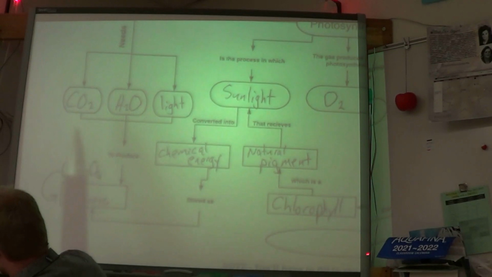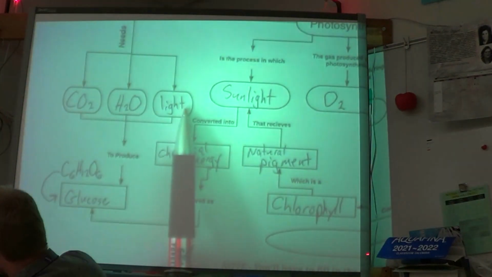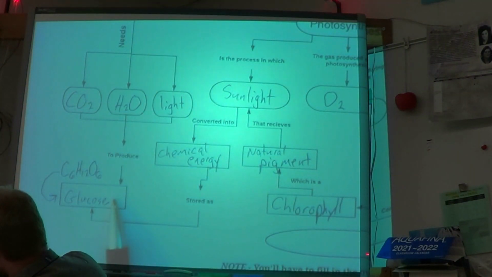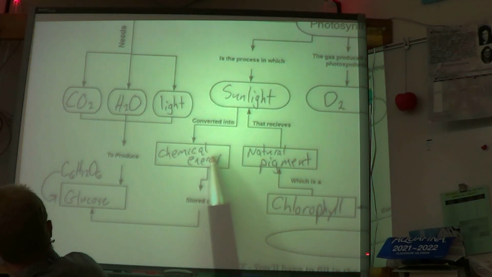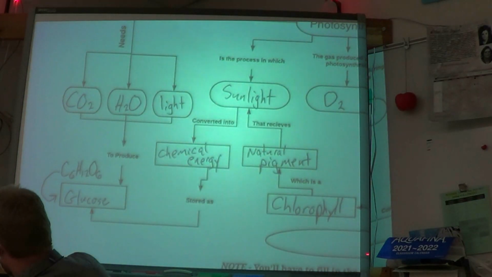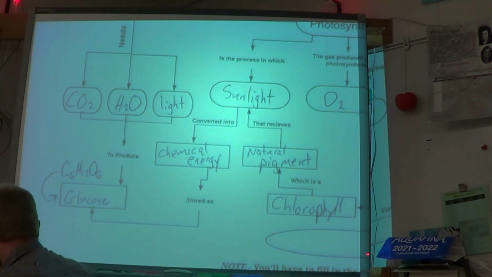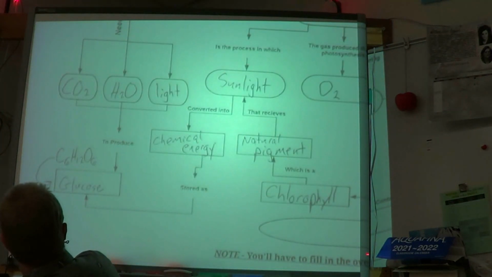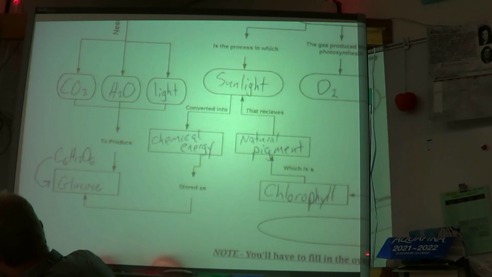So if plants have carbon dioxide, water, and light, they are going to produce glucose, which is a form of chemical energy that we can use for life, for daily activities, cellular activities, I should say.